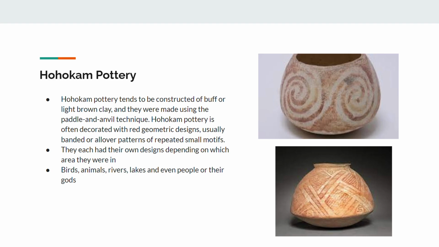So these are all pots that are usually constructed of clay using a paddle and anvil technique, and then they're decorated with usually red clay or red paints, and they usually use geometric designs and repeated motifs. But then there's very intricate bird, animal, and rivers and lakes on them.